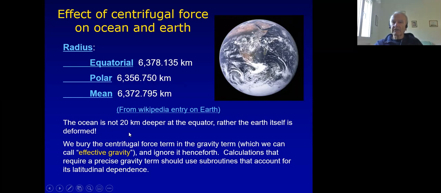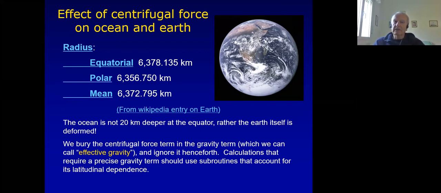So the ocean is not really 20 kilometers deeper at the equator. Rather, the Earth itself is deformed, because the ocean, as you know, is maximum 11 kilometers deep. Therefore, this deformation due to the differential centrifugal force between the equator and polar areas is associated with this varying centrifugal force.